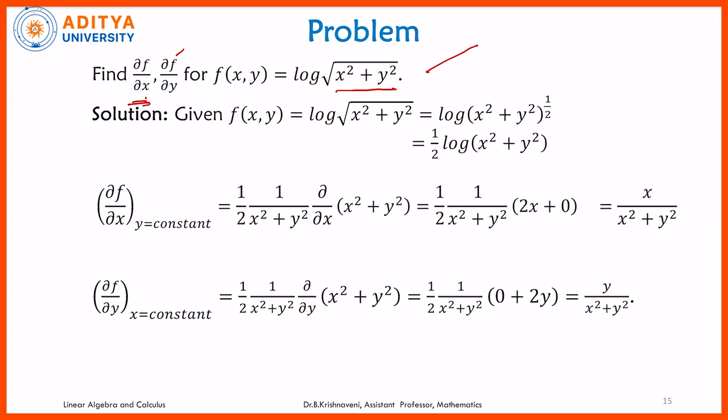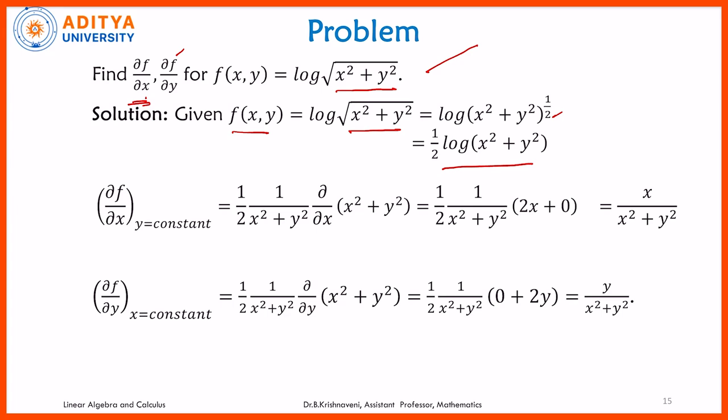Now, let us consider the function f of x, y equal to log of root of x square plus y square, which can be written as log of x square plus y square to the power 1 by 2. Which further can be written as 1 by 2 log of x square plus y square.